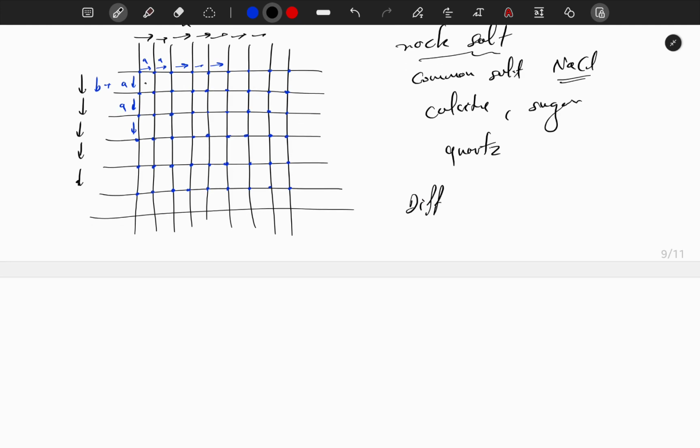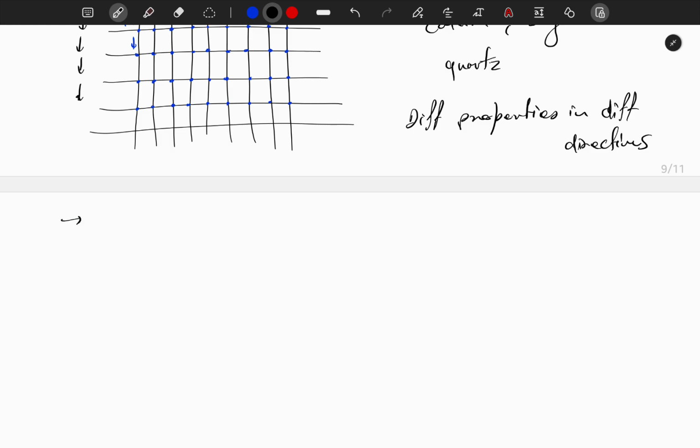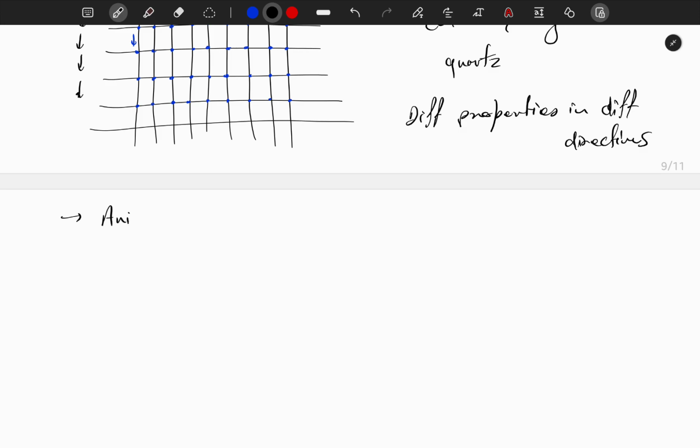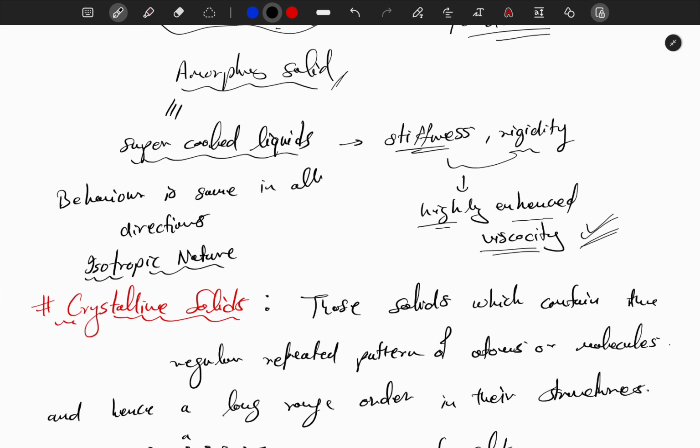So we can say that the crystalline solid shows anisotropic nature, that is, having different properties in different directions, whereas the amorphous solids show isotropic nature.